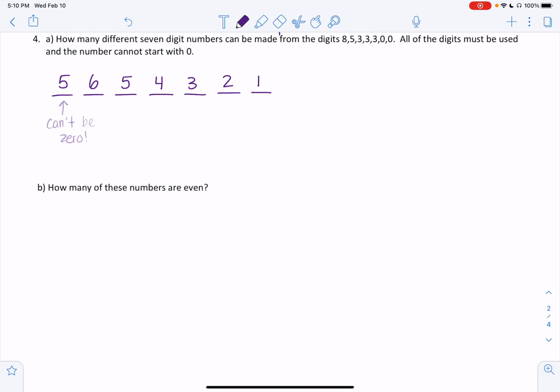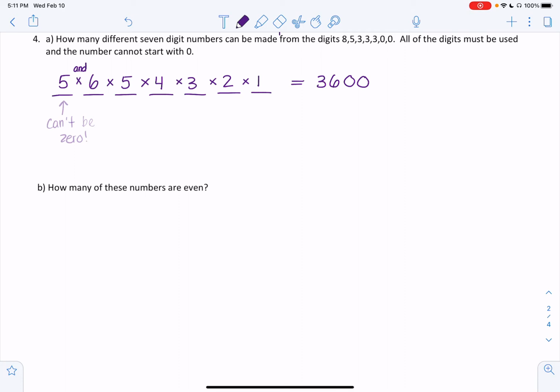And for this 7-digit number, we require the first number and the second number and the third number. Therefore, we can use our multiplicative principle and multiply. So 5 times 6 times 5 times 4 times 3 times 2 times 1 is equal to 3,600.